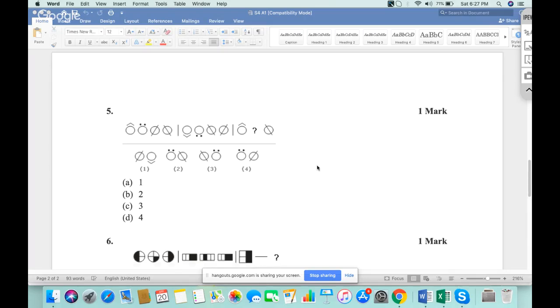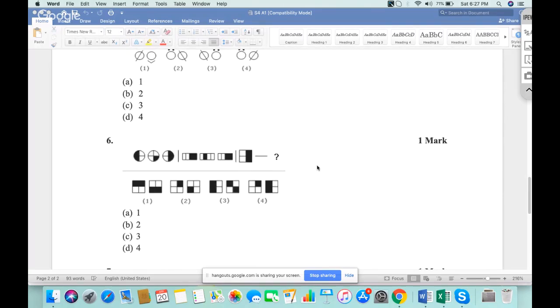Now let me show you question number 6. So this is question number 6 for you. So you have to find the next two figures in this.